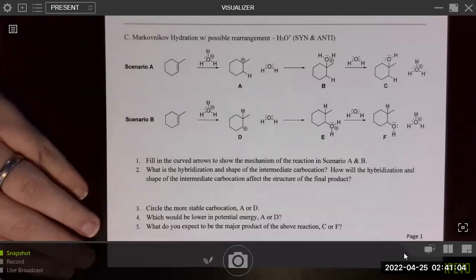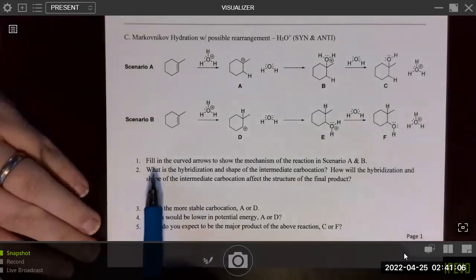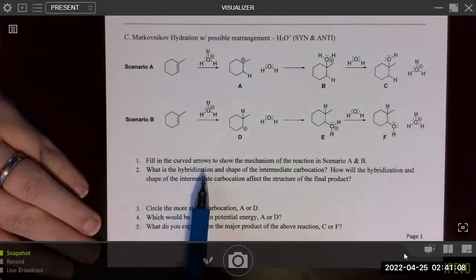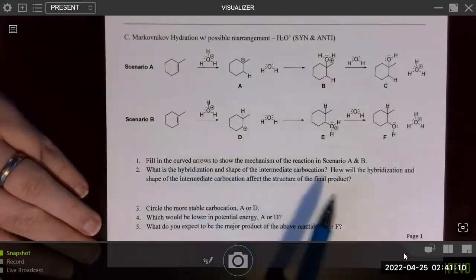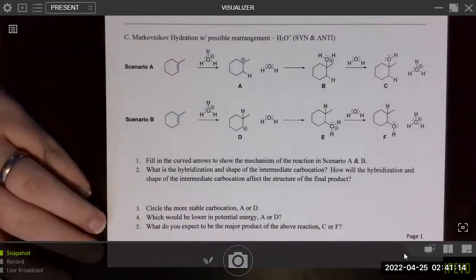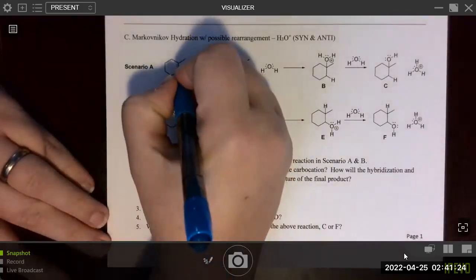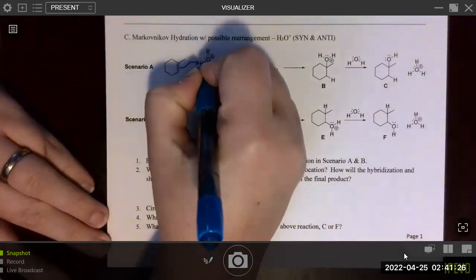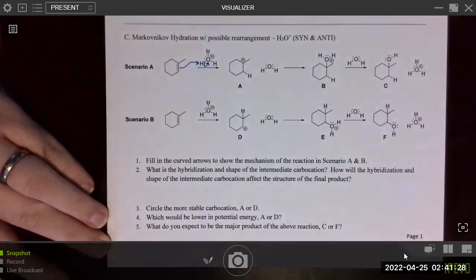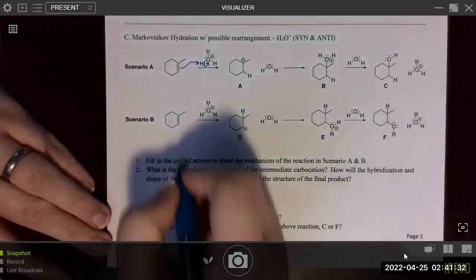All right, so the first thing it's asking us to do is fill in the curved arrows and show the mechanism of the reaction in scenarios A and B. The first step, just like the hydrohalogenation reaction that we discussed last time, is a proton transfer. We'll draw our arrows to transfer a proton from hydronium to the pi bond on the alkene.